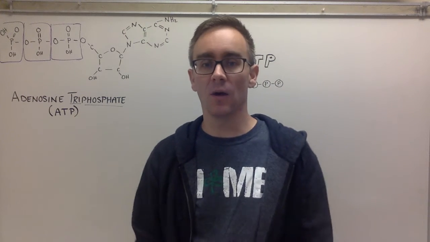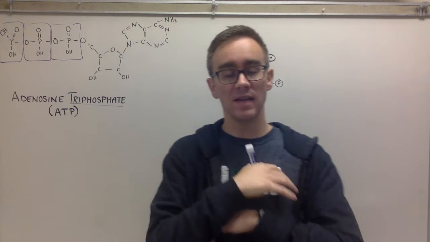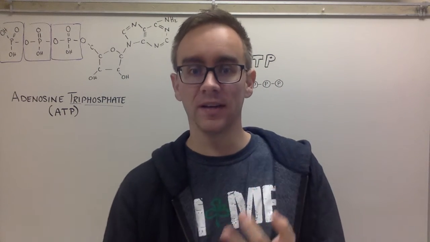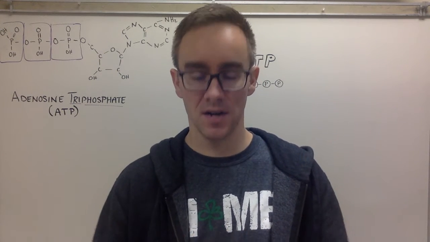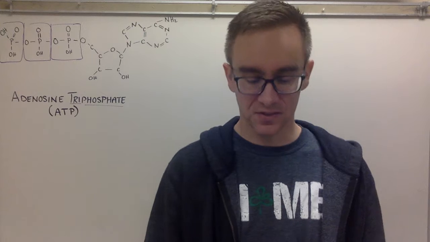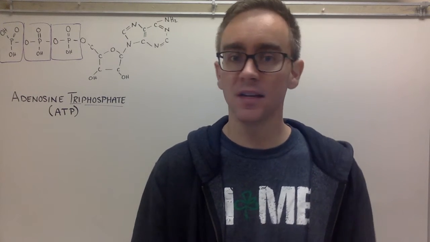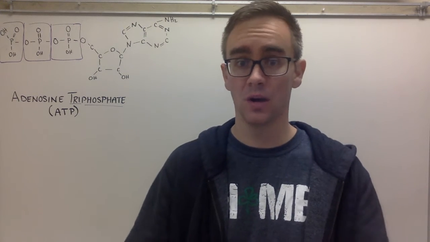What happens is you have this relatively small molecule floating everywhere throughout your cell, in and out of the cytoplasm, in every organelle, floating around the cell membrane, everywhere. If the cell needs something done, it needs energy to do it. Just like you, if you're going to get something done today, you're going to need energy to do it. So you have to fuel up.